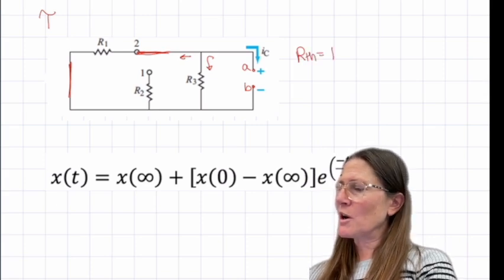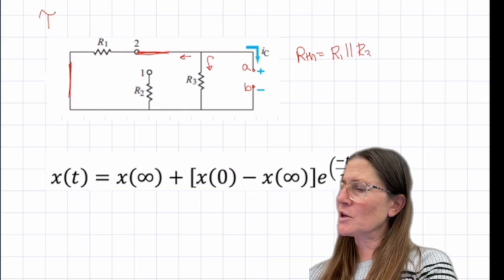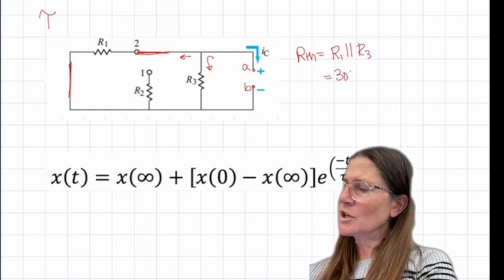So RTH will be R1 in parallel with R3, which is 30K in parallel with 60K.